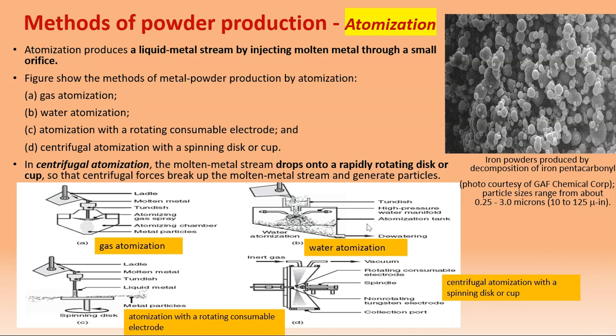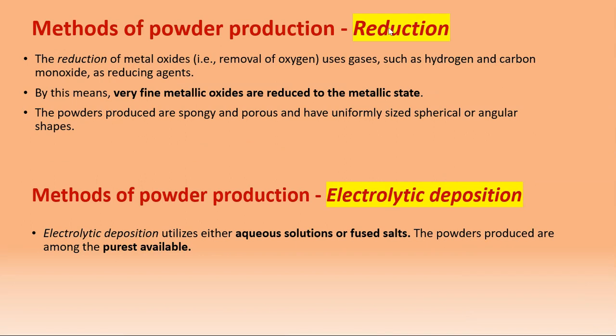These are the different atomization processes. Then there is the reduction process, in which the metal oxide is reduced by removing the oxygen using gases such as hydrogen and carbon monoxide, and it turns into very fine metallic powder. The powder produced is spongy and porous, usually with a spherical and angular shape.